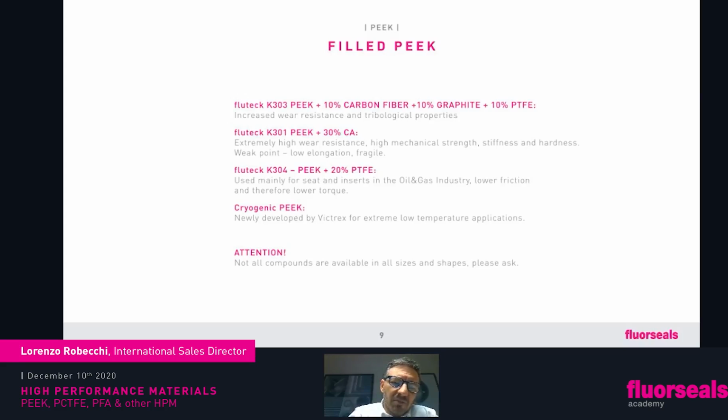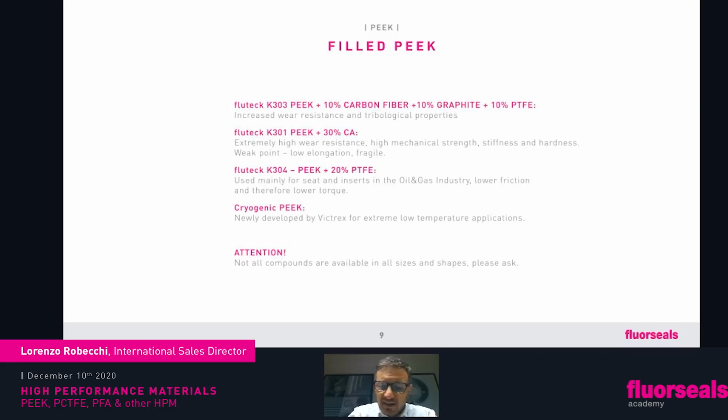Fluortec K304 is PEEK with 20% PTFE, a very niche material. We have developed it and we sell it with success for the oil and gas industry. Why is that? If you add 20% PTFE to the PEEK and you use it for a seat or for an insert, what we find out is that the pressure the PEEK can take is anyway quite high.